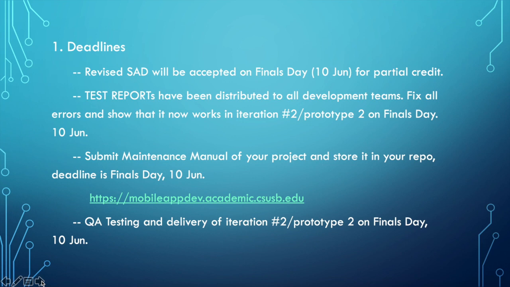I encourage you to try to finish earlier than the deadline, so you'll have a chance to fix any failure before the deadline. You don't know what test cases the QA team is going to use, and if you fail any of the test cases, you still have time to fix the error. Okay, so good luck on your prototype 2.